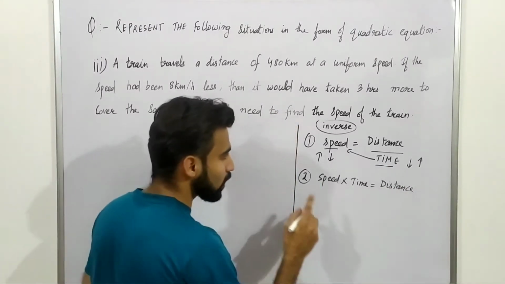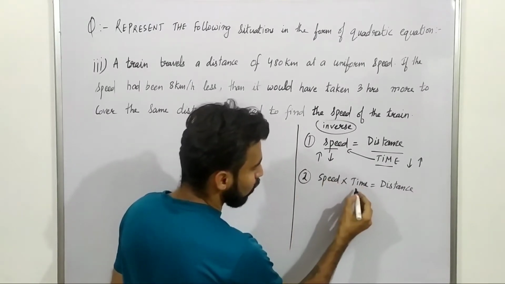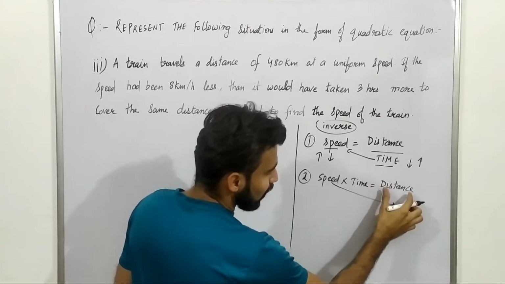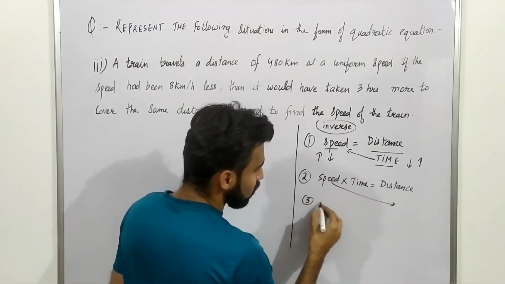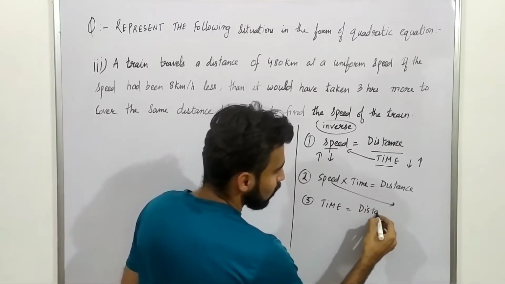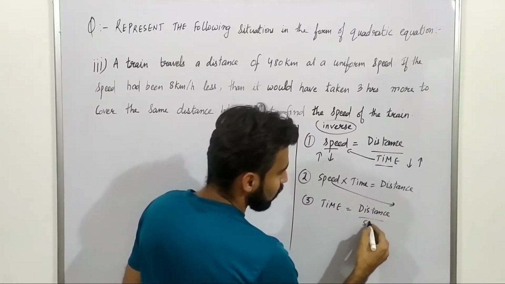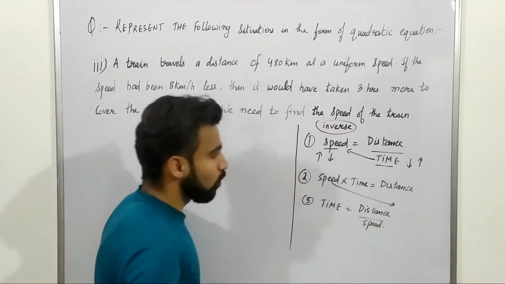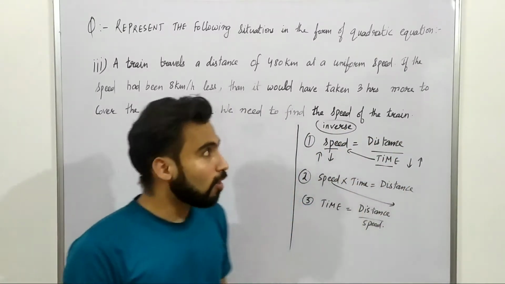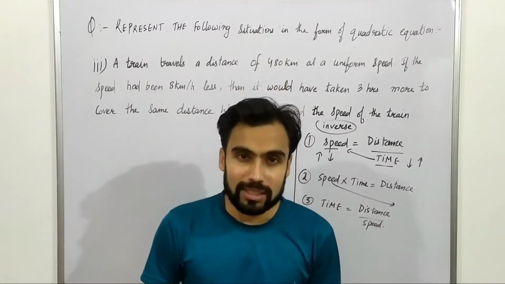The third relation I will form from the second equation: if I transfer this speed to the right hand side in division, you get time. So what is time? It's simply distance upon speed. Getting my point? So these are the three relations that you have to keep in mind while solving questions based on speed, distance and time.